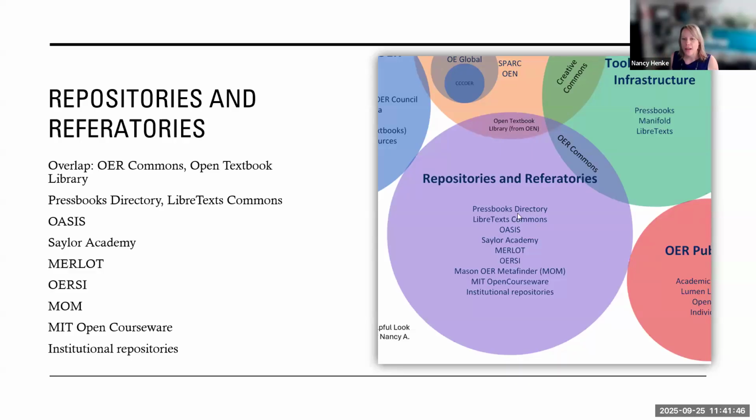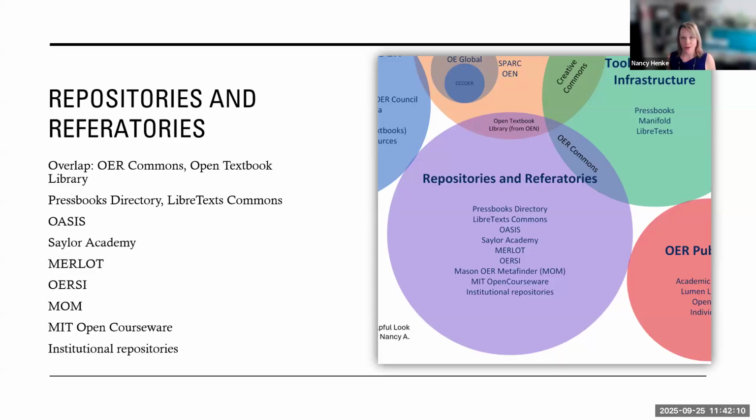And then there are so many other different repositories. This is not even close to the number of repositories that I could talk about. But you'll notice also at the end, institutional repositories. So those are repositories that are housed at an academic institution, generally an academic institution. And we talked about how libraries are ultimately helping become OER publishers.